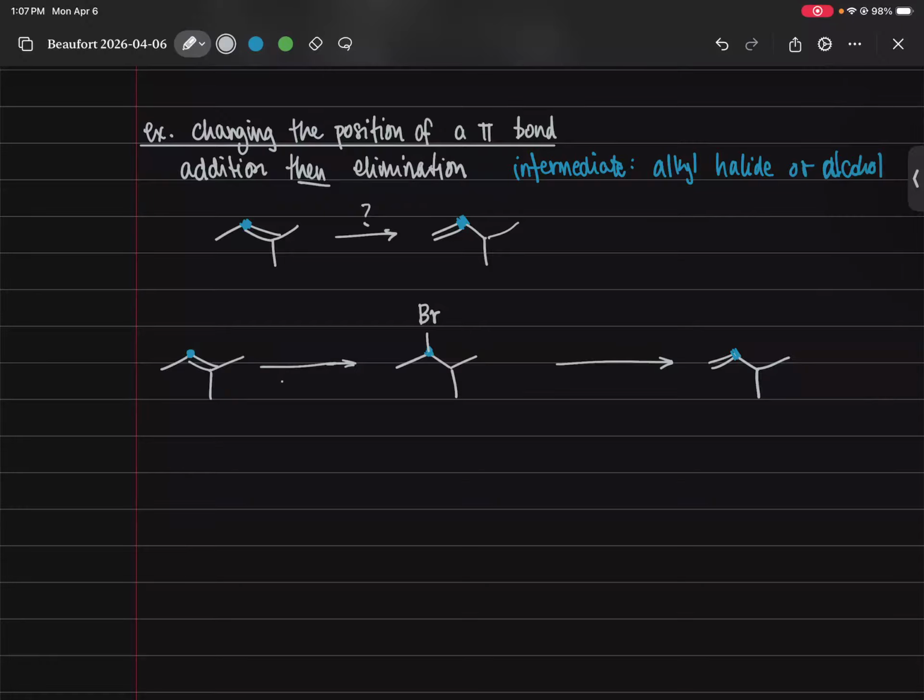So we have addition as the first step, elimination as the second step. That's an addition reaction, and that's an elimination reaction.